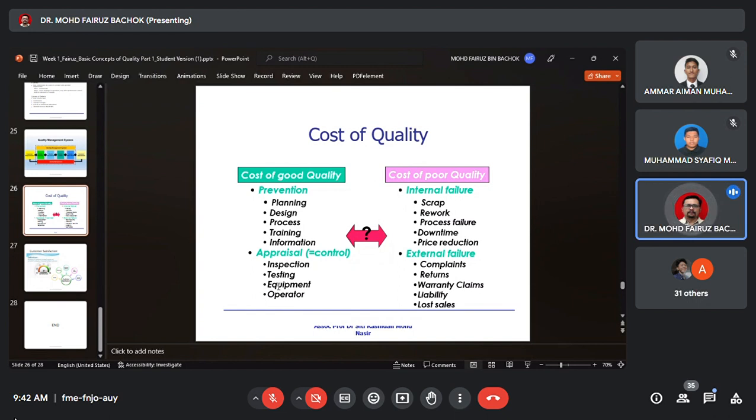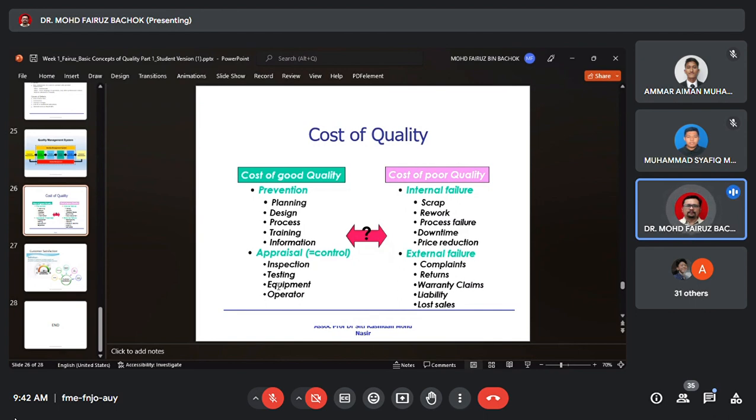It also becomes a cost because it is an external failure. The customer will complain to you, and it will affect your sales because you lose repeat customers.